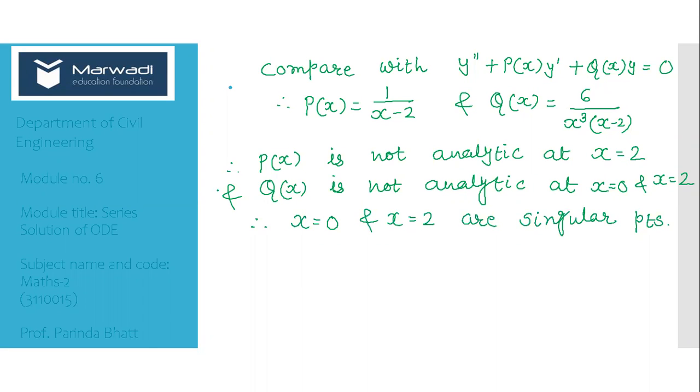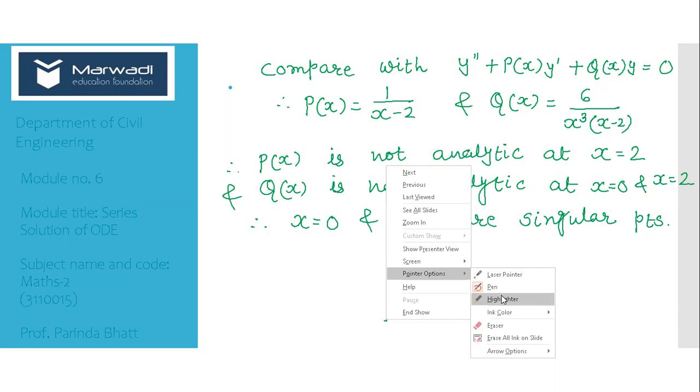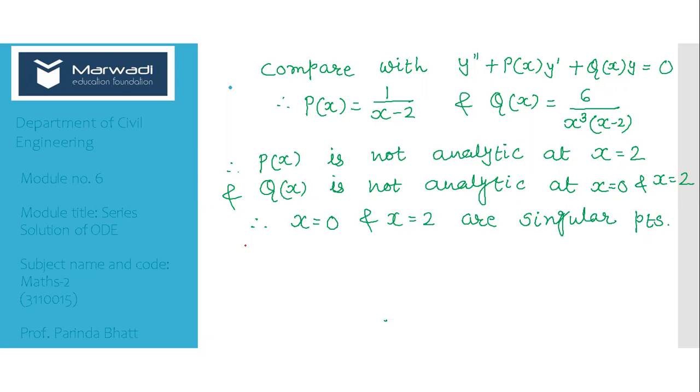Okay. Now, one by one, we check whether these are regular singular or irregular singular points. Just Kinjal, unmute yourself. Kinjal, which is the first condition? x minus x0 into p of x.